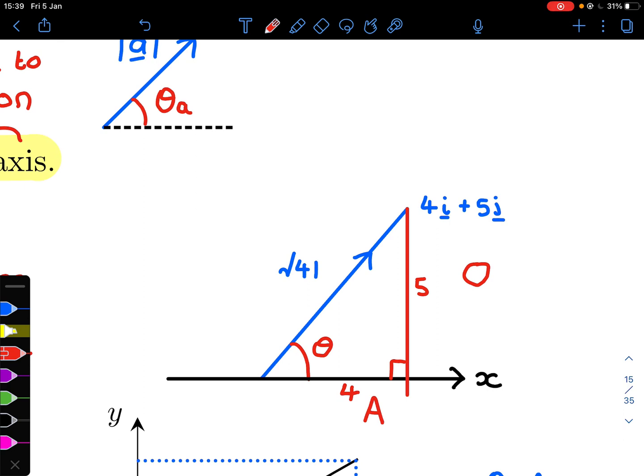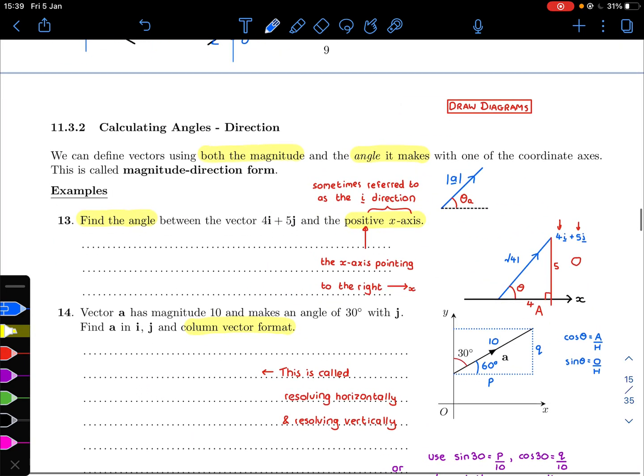If it's given in ij notation, we're always going to have horizontals and verticals, so opposites and adjacents will always be involved. Finding the angle is usually going to involve tan, unless for some reason we're using the magnitude, which would represent the hypotenuse. Back to the question: tan theta is opposite over adjacent, 5/4.